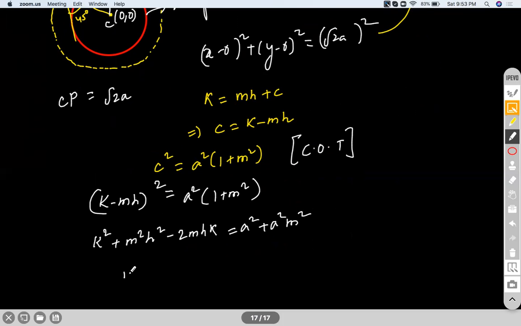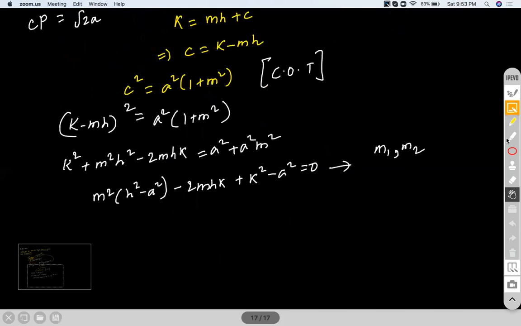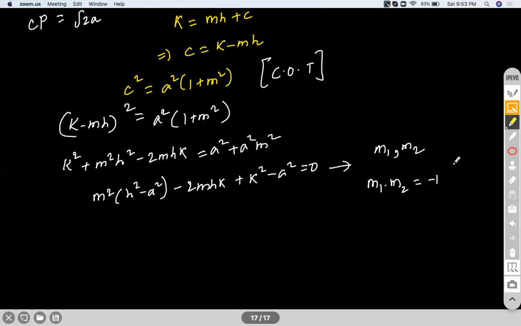Now, something very interesting here. This is a quadratic whose roots are m1 and m2, right? Shreyas, do you agree? Yes, sir. And you know that m1 into m2 has to be minus 1. Why? Because they're perpendicular.